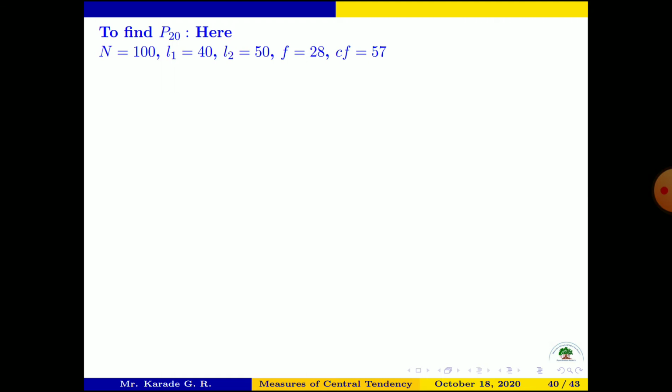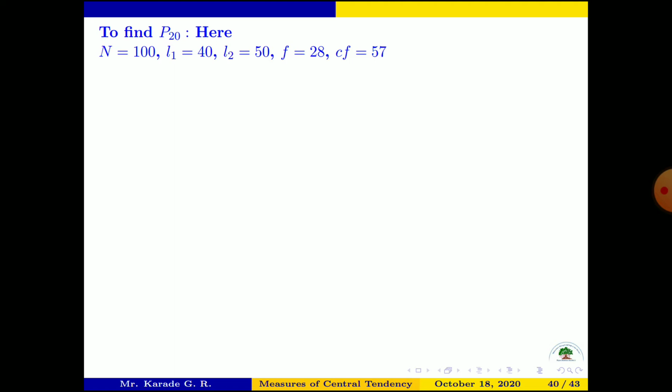Now to find the percentile P60. Okay, so in this case we have to find percentile P60, P60 not P20. P20 is not needed, there is a correction here, we need P60.